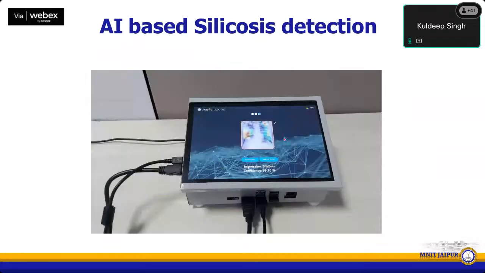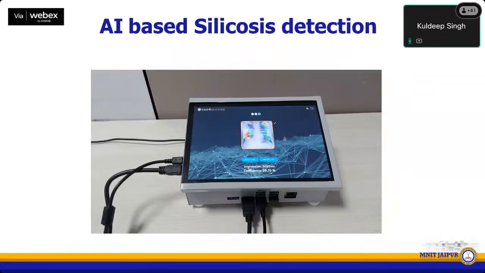Another project which we have developed, for which we were recently granted an Indian patent, is this portable AI device, which is capable of detection of silicosis from chest X-ray images. Silicosis is a life-threatening disease which is prominent in mining workers due to inhalation of different dust particles.